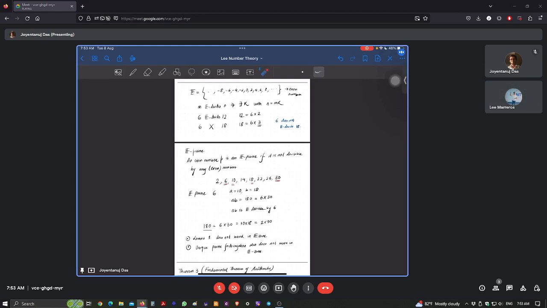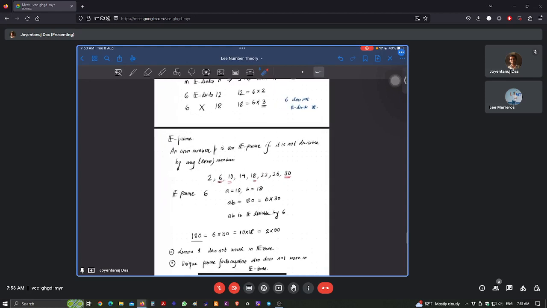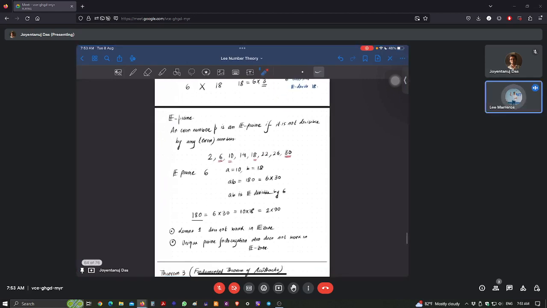So the thing is only observation. What I am asking is, from this list of numbers, what can you observe? They are like multiple of 4 plus 2 or minus 2.